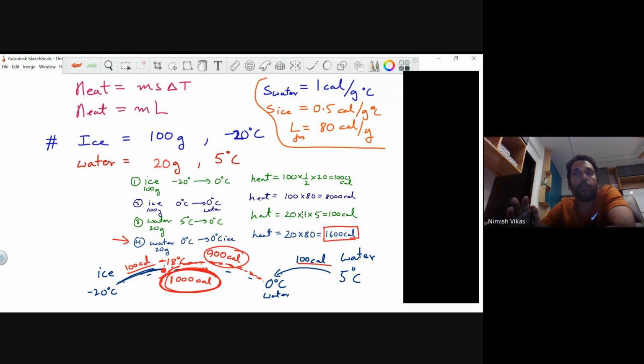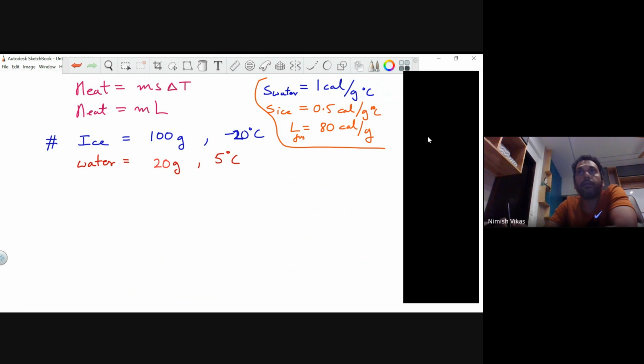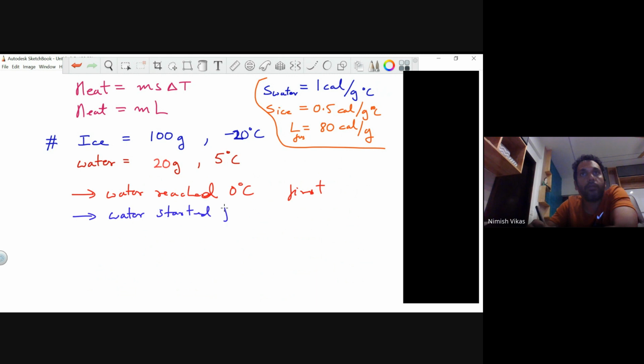So that concludes our story. What is our story? Water reached 0 degree Celsius first. Any doubt in this? You ask me right now, anybody. Next line. Since it has reached 0 degree Celsius first, water started freezing, right?